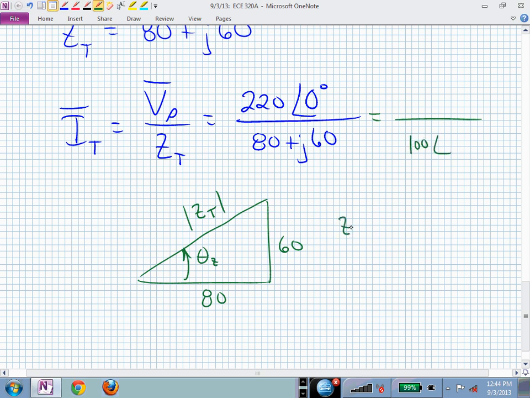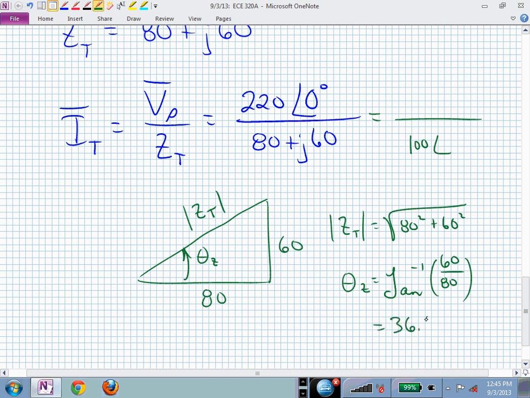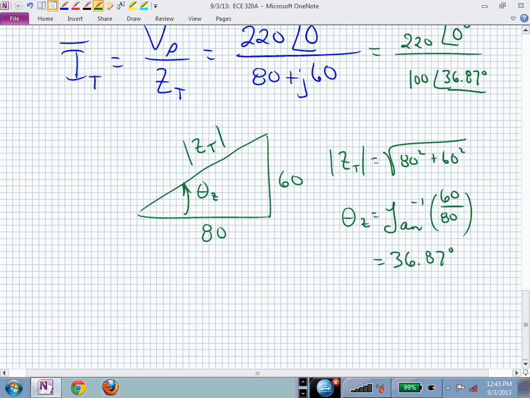So we now have the magnitude of z sub t is the square root of 80 squared plus 60 squared, real part squared plus imaginary part squared, square rooted, and theta sub z is this angle that has a tangent of 60 over 80, and that is roughly 37 degrees. Is this making sense?